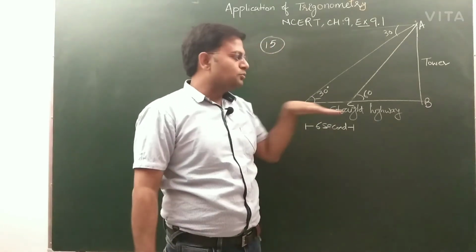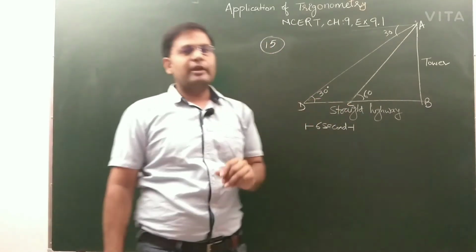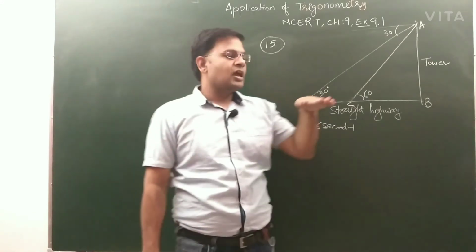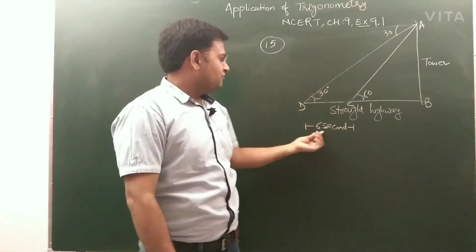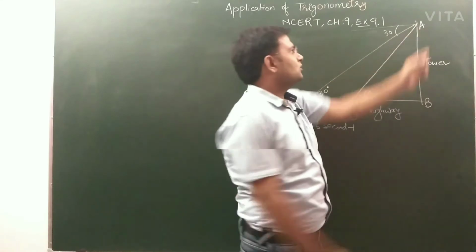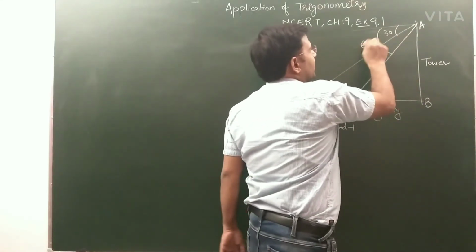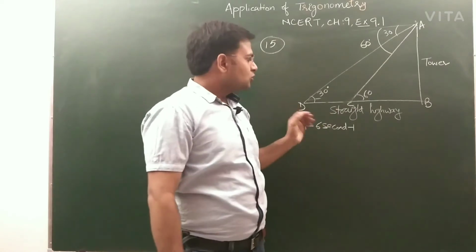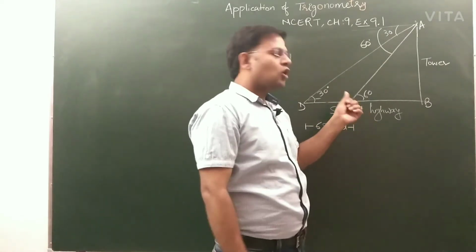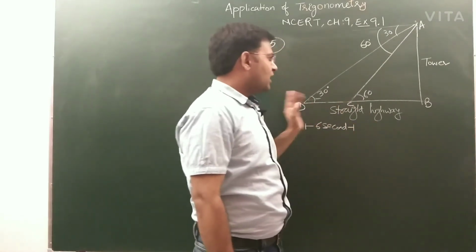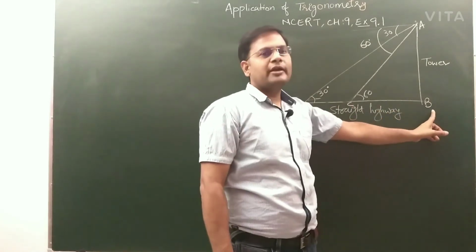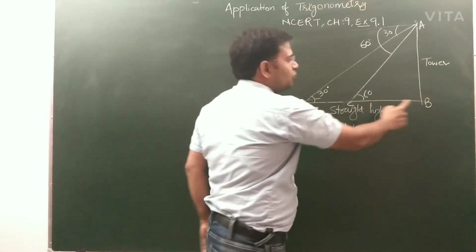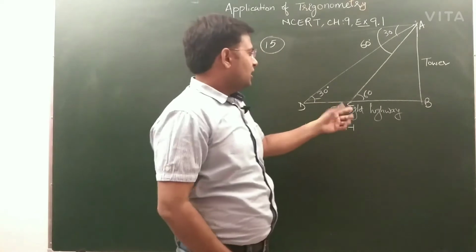The car is moving at a uniform speed, which is a very important point, and after 6 seconds the person observed that the angle becomes 60 degrees at this point C. So we have to find how much time the car will take to reach point B from C. So we can see that this is 6 seconds.